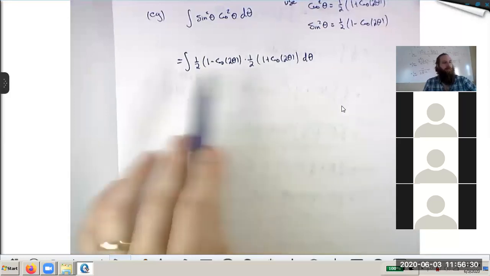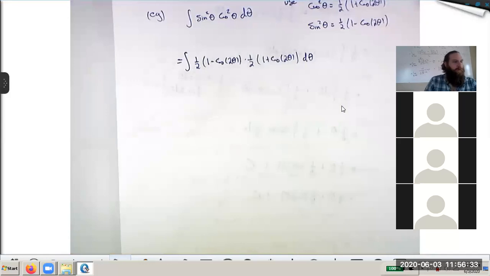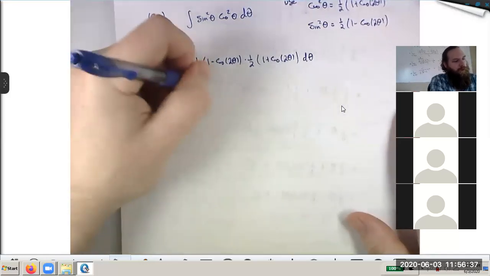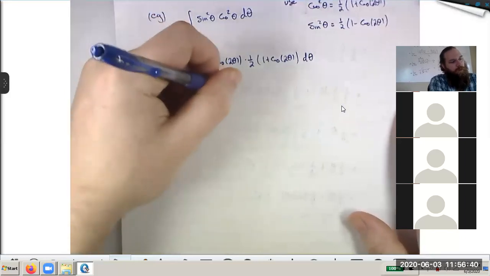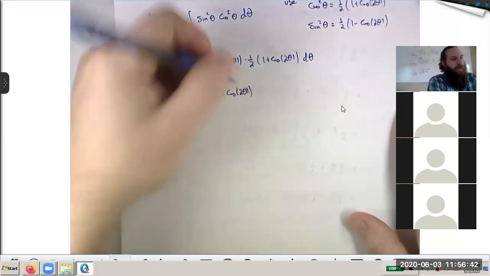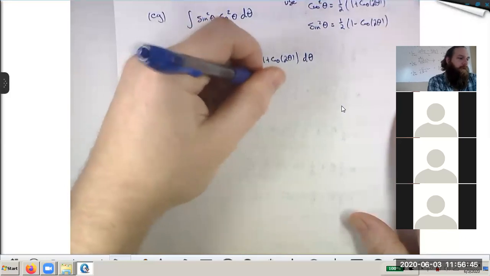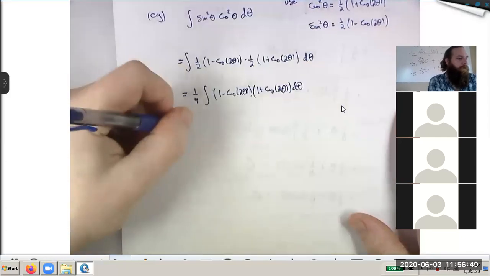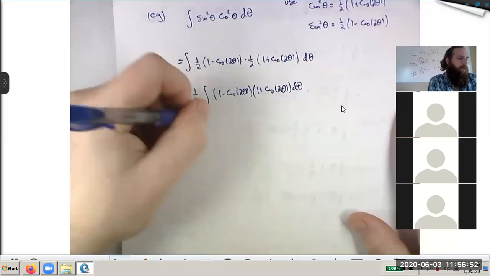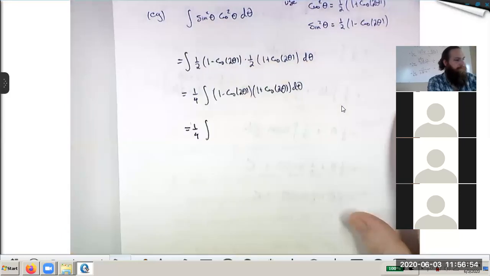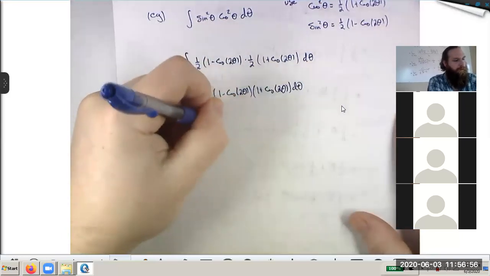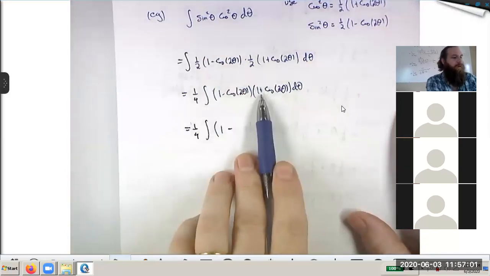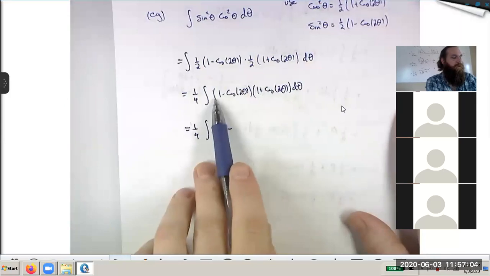The two 1/2s are both multiplying, so I can bring them together and bring them outside as a 1/4. And then what's left inside is 1 minus cos 2 theta times 1 plus cos 2 theta. I can FOIL that out. It's actually a difference of squares. So that will be 1 minus, see, I'll have minus cos 2 theta from my inners, plus cos 2 theta from my outers.